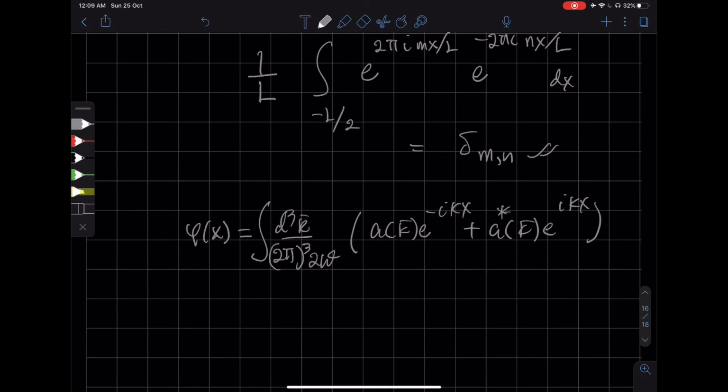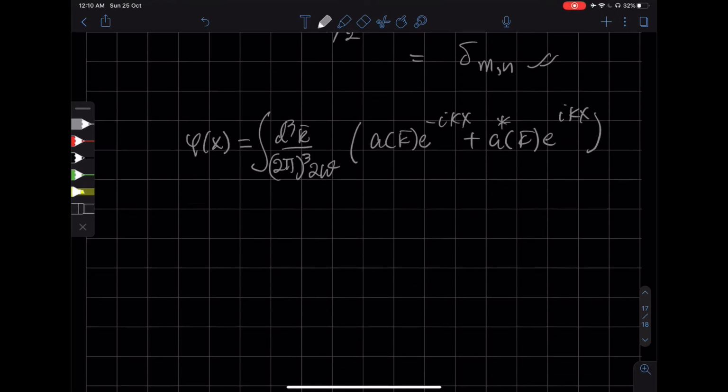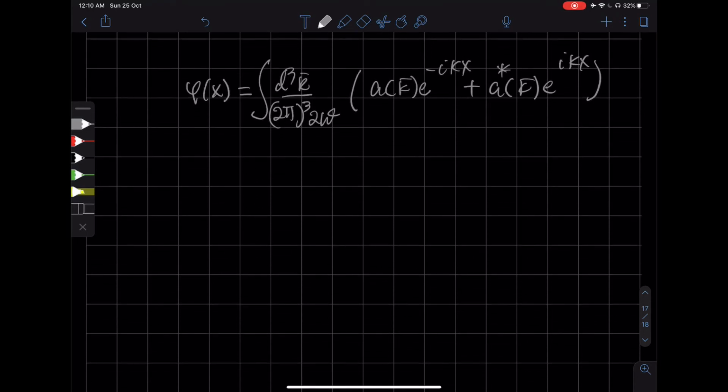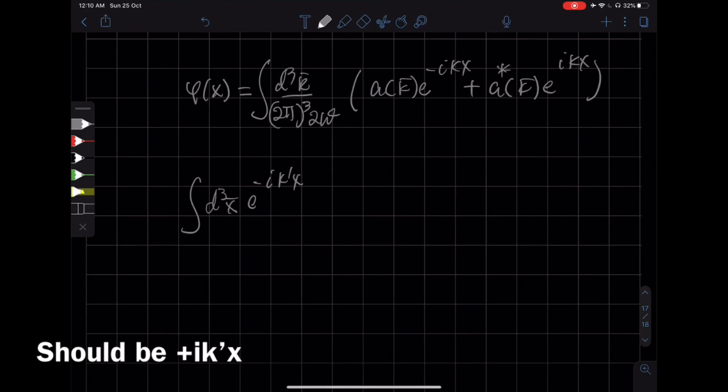What we can do is multiply this with the appropriate exponential function, say e to the power minus i k prime x, and integrate over d cubed x. Then this integral will give rise to a delta function.